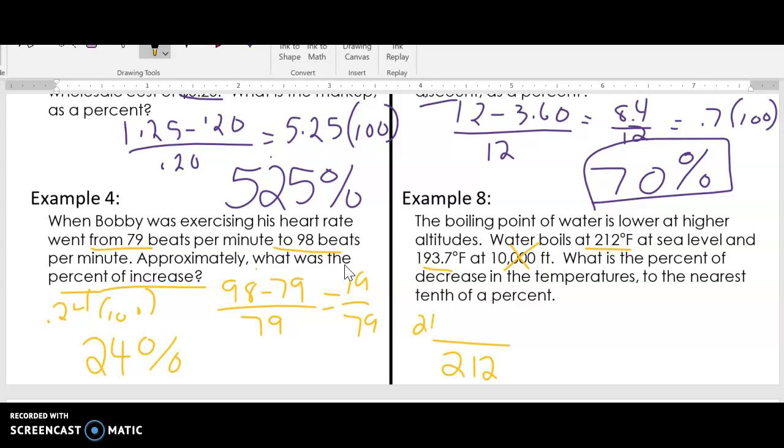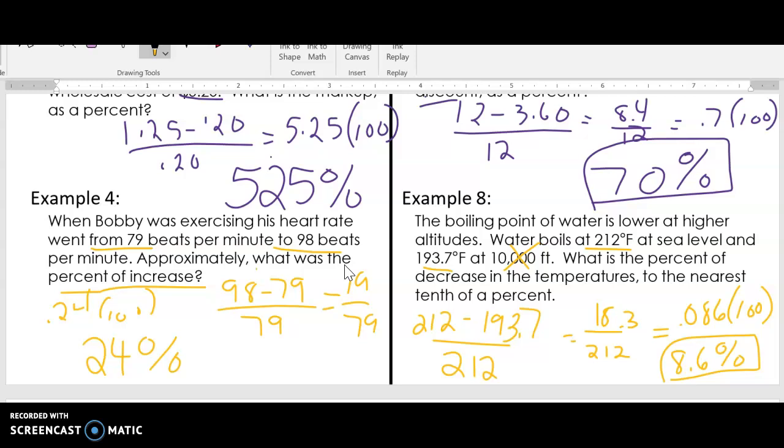And so it's 212 minus 193.7. That becomes 18.3 over 212, which is equal to 0.086. Needed as a percentage, so need to multiply it by 100, and that is 8.6%. Some packages actually have cooking instructions for high altitudes.